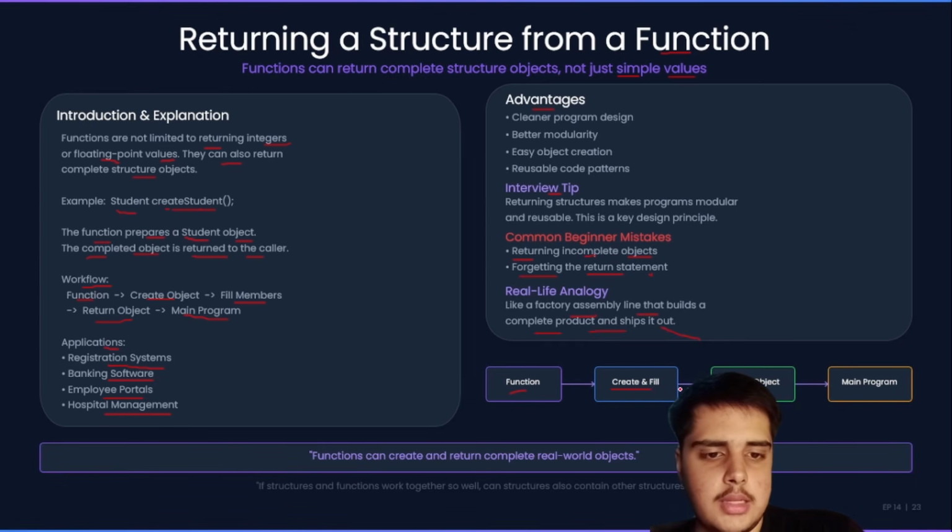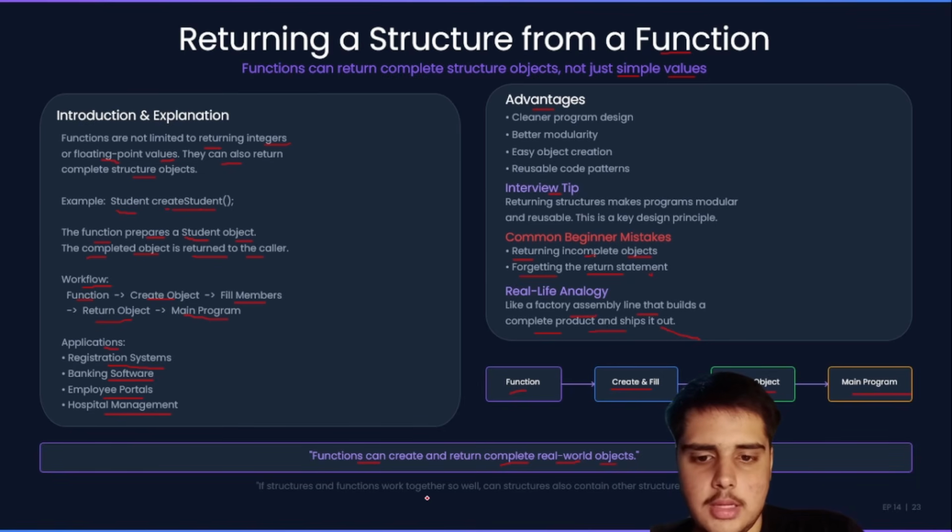The function creates and fills the object, returns it, and it comes back to the main program. So functions can create and return complete real world objects. I just did it before.